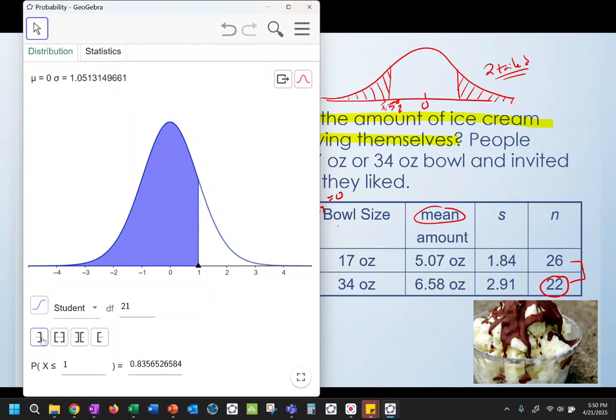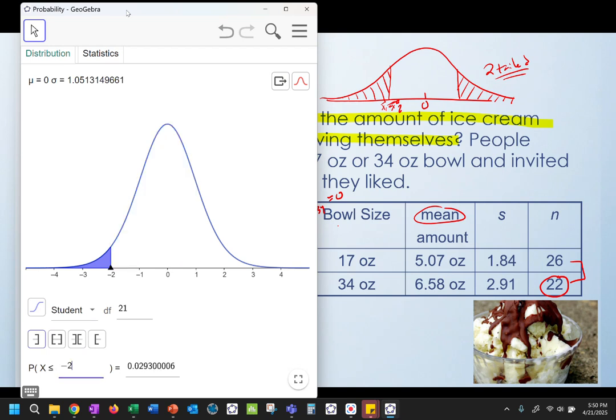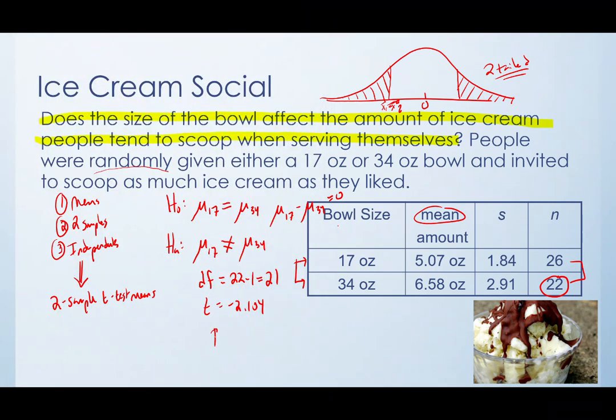We're going to go left-tailed, and we had a test statistic of negative 2.104. And so we're going to take that 0.0238 and double it. So p-value, 0.0238 times 2 for our p-value, because this is a two-tailed test.